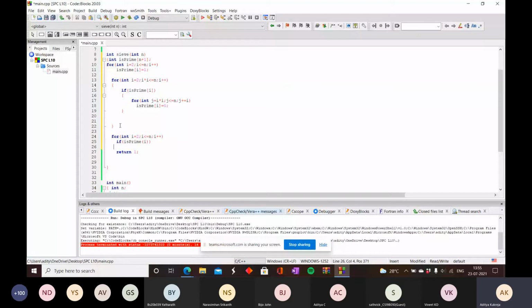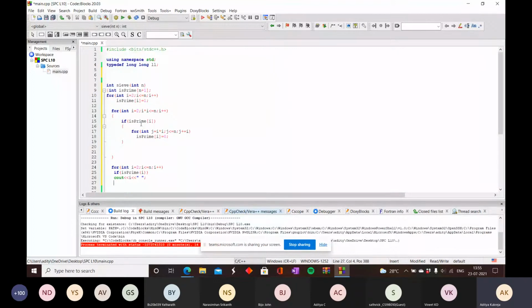If isPrime of i, if i is a prime number, then you would just print out i, and so this program would basically output all the prime numbers which are less than n, and this return 1 is not required actually.